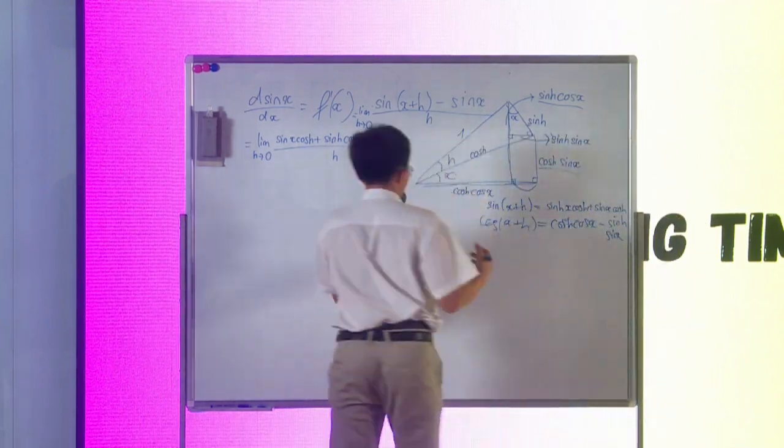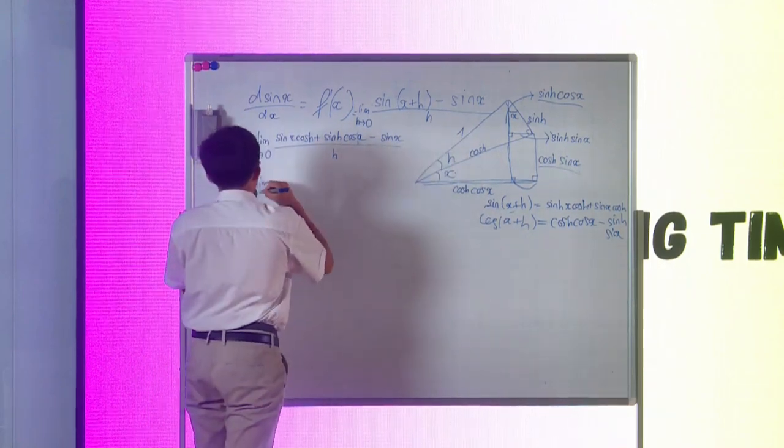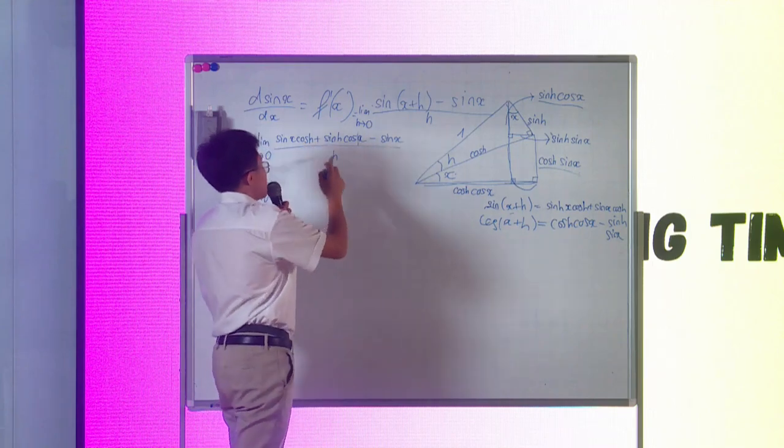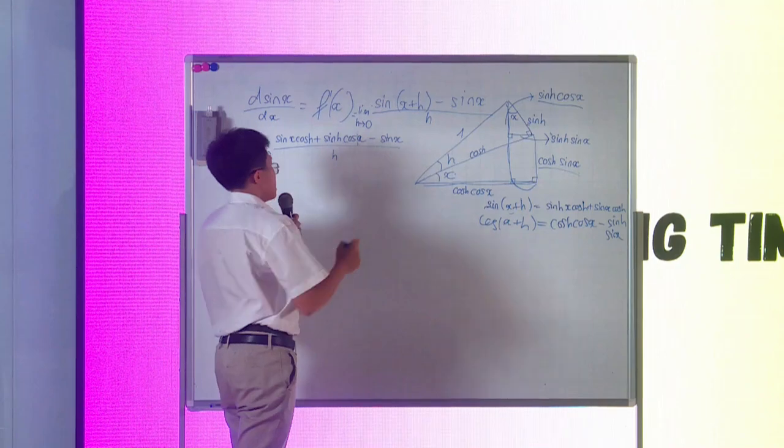Now I will replace this into the equation. So now we have the limit of h to 0 of sine of x cosine of h plus sine of h cosine of x, minus sine of x, over h.